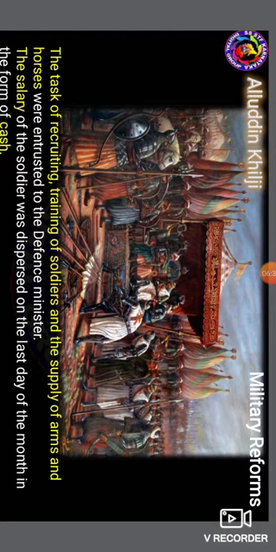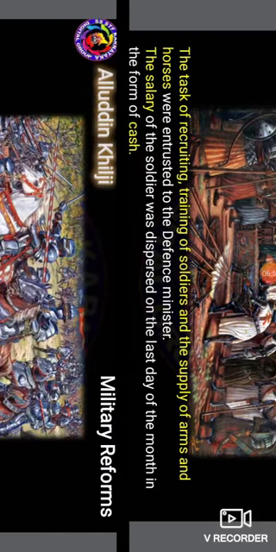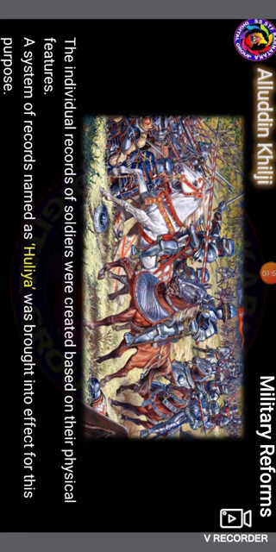The recruiting and training of soldiers and the supply of arms and horses were entrusted to the defense minister. The salary of the soldiers was disbursed on the last day of the month in cash.